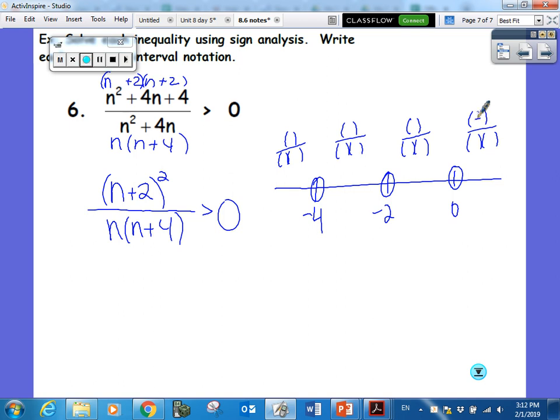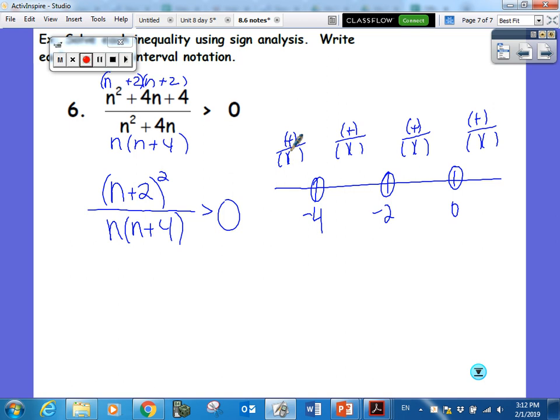And that numerator, now let's say you didn't recognize that that was n plus 2 squared, and you had n plus 2 times n plus 2. Well, if you're plugging in the same number into the same thing, you're going to both get positive or both get negative, and still end up with the same sign in the numerator.